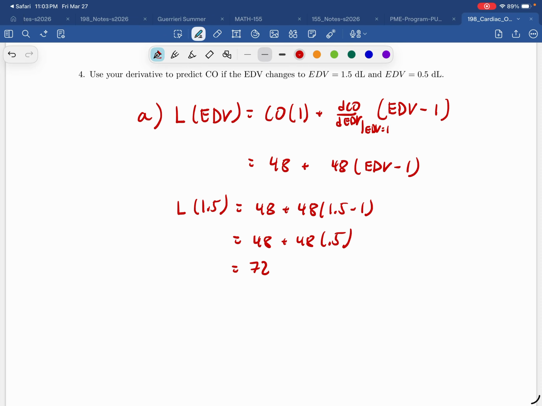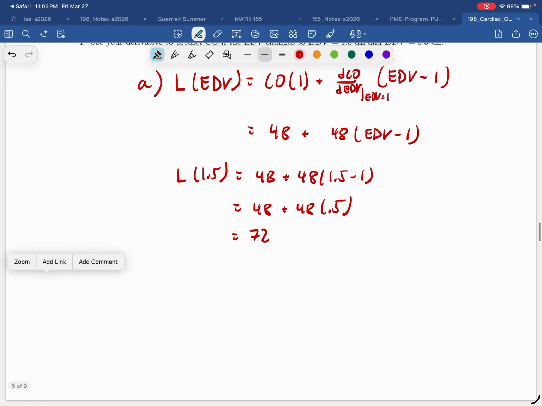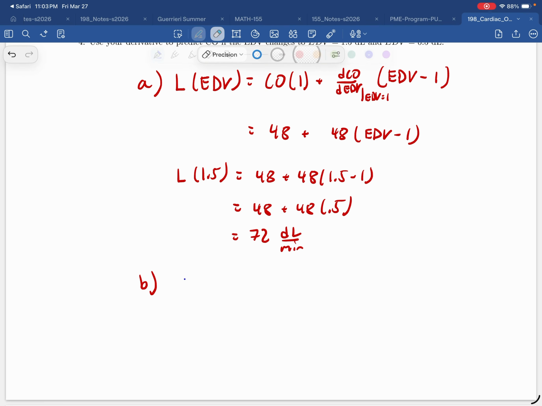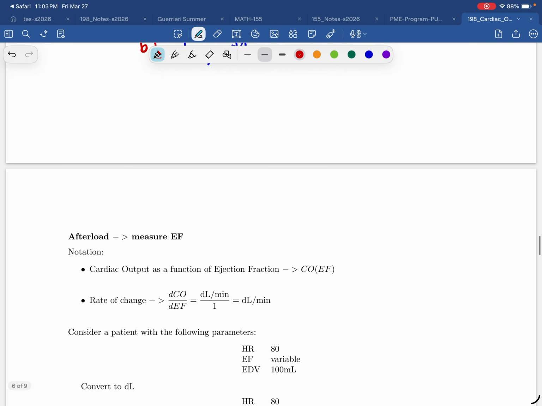And what should the unit be? It's the same unit as cardiac output, so it's deciliters per minute. As for part B, you've got this.